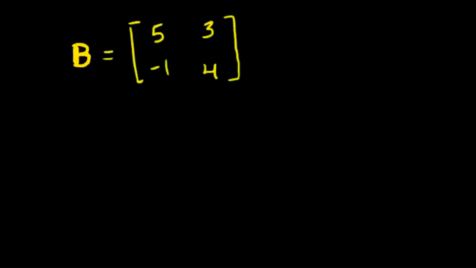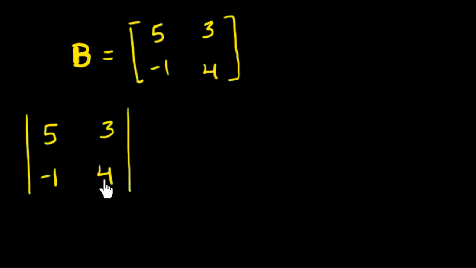As a hint, I'll take the determinant of a very similar 2x2 matrix. So we want to figure out the determinant of this matrix, and we can denote it by the determinant of the 2x2 matrix 5, 3, -1, and 4. And the definition of a determinant of a 2x2 matrix like this is we can first take this diagonal, 5 times 4.